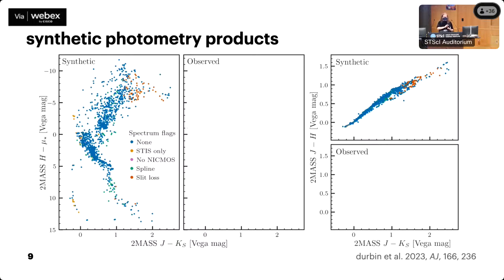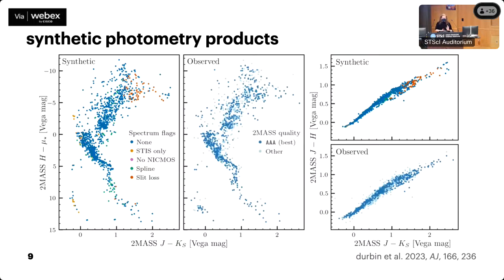So here are the final 2MASS color-magnitude and color-color diagrams of the full synthetic photometry sample, where the dark blue points are spectra without any sort of flags. The orange and pink ones are CalSpec stars without HST spectral coverage in some or all of the near IR. And the green and red points are X-shooter spectra with wavelength-dependent flux loss or other calibration factors that might affect their continua.